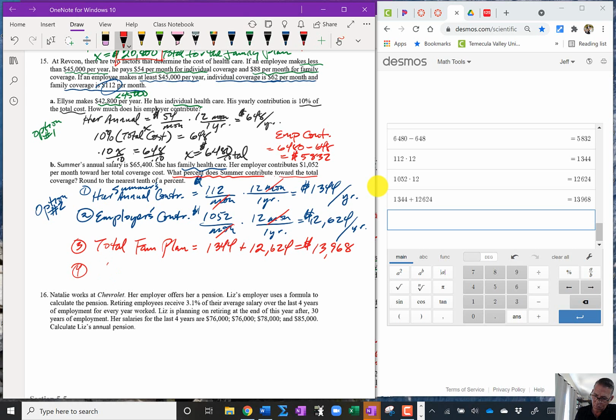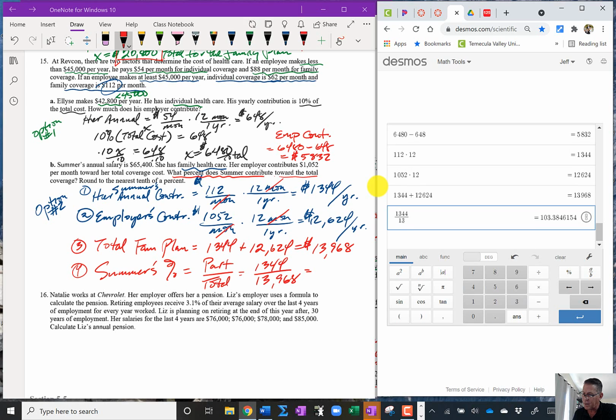Notice we get a decimal here, and to change it to percent, you multiply it by 100. So 0.09621 times 100. Percent is per 100. You get about 9.6%. So this is equal to 9.6%.